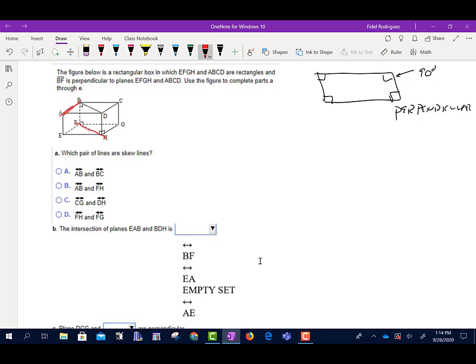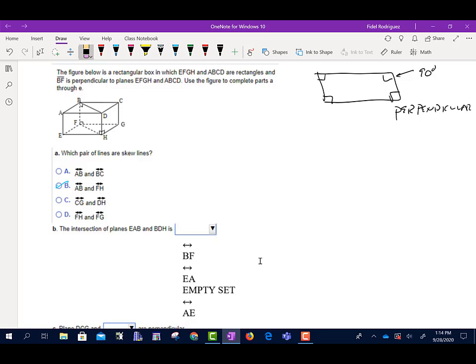Okay, so do you see how those two lines are in two different planes? The first line, guys, again, is in this top plane, and the second line is actually in that bottom plane. So far, B appears to be my answer, okay? But we're going to go through each of the choices so that we understand why, okay?